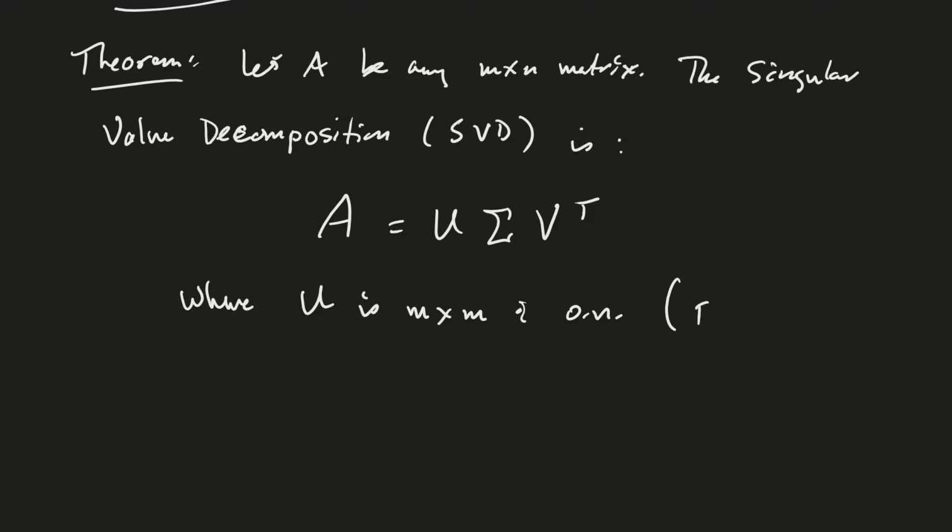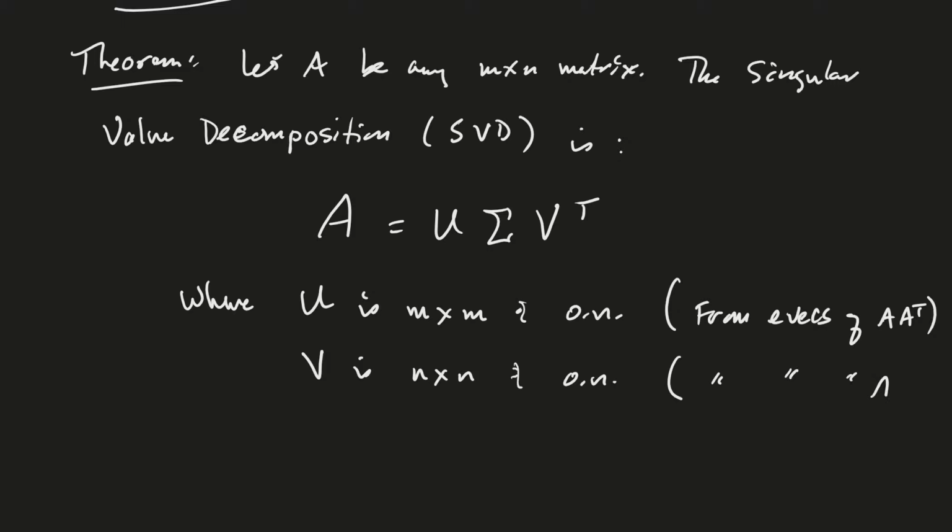It's from the eigenvectors of A A transpose. V is n by n and orthonormal, and those are from the eigenvectors of A transpose A.